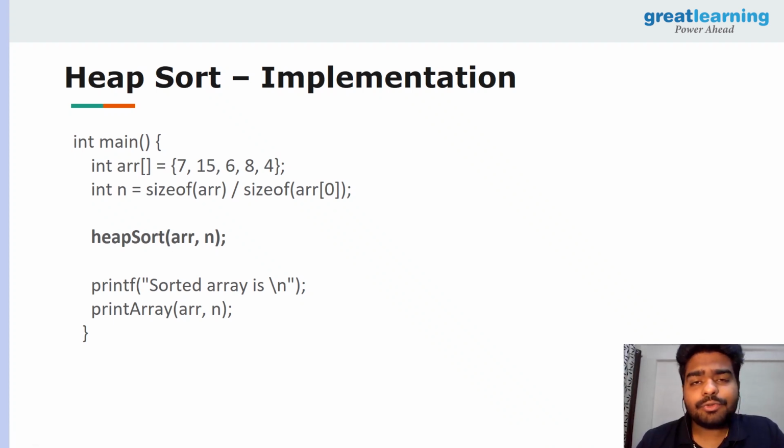Now, if we come back to this main method, I told you that these all things are happening inside this heap sort method, but we are left with printing it, right? So we are printing sorted array with a \n, which is nothing but a new line. So if you know C language, you must be knowing what is \n.